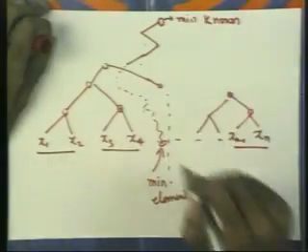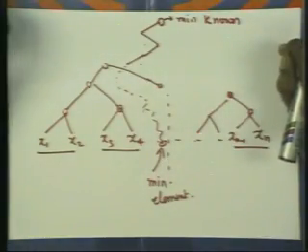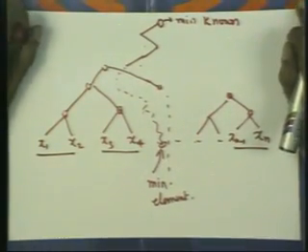The length of this path is log n, so the minimum element was compared with at most log n elements in this tree, which means log n elements in this array were compared with the minimum element, and one of these log n elements, remember, must be the second minimum.